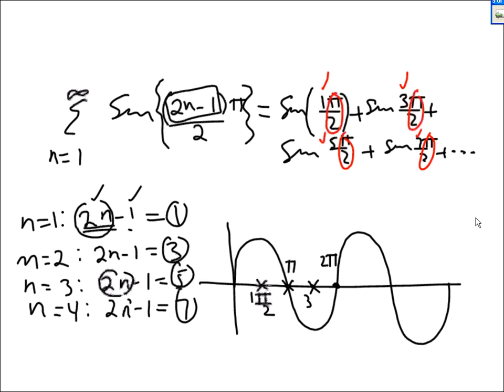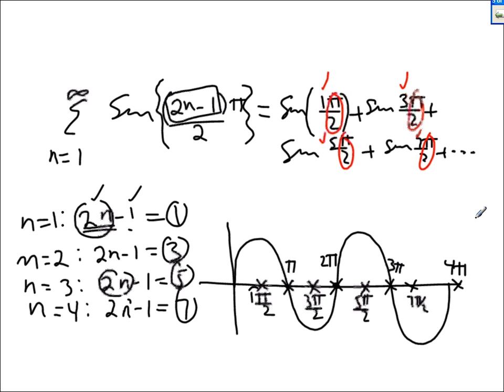Over here is 3 pi over 2. Right here is 4 pi over 2, which is 2 pi. Over here is 5 pi over 2. Over here you have 6 pi over 2, which is 3 pi, then 7 pi over 2, and 8 pi over 2, which is 4 pi.